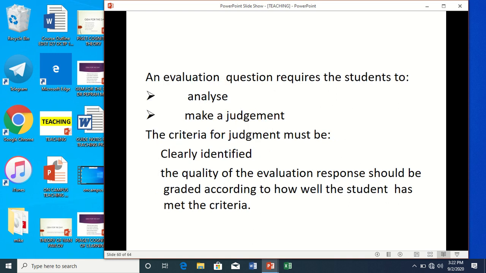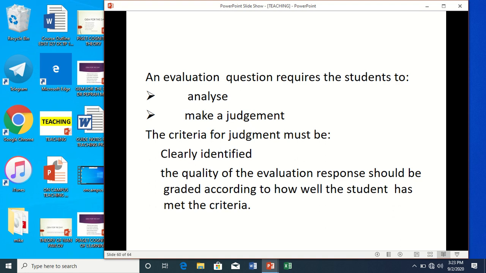An evaluation question therefore requires the students, one, to analyze and make a judgment. And because you have taken them through the analysis category, they won't find it difficult again. And the criteria for judgment must be identified. The quality of the evaluation response should be graded according to how well the student has met the criteria or the criterion set.